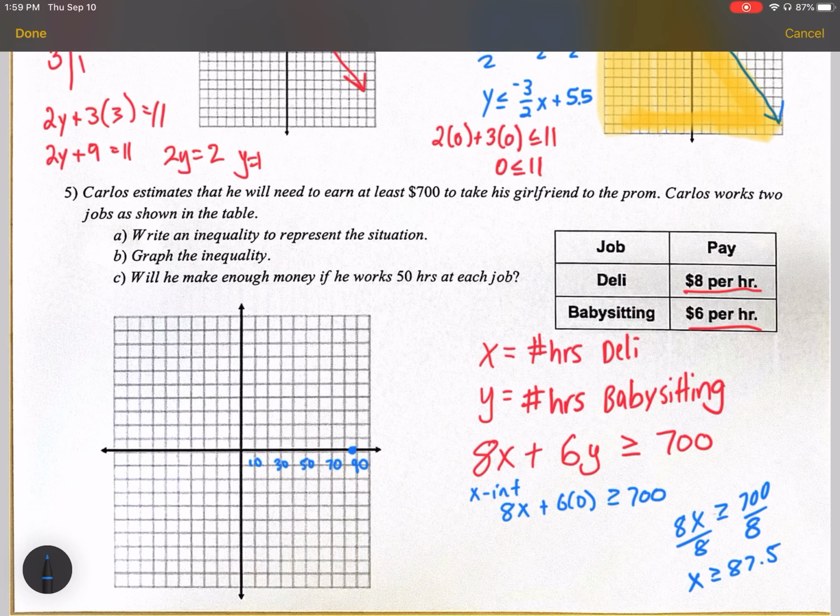Then for our y-intercept, we'll have 8 times 0 plus 6y greater than or equal to 700. So now we'll have 6y greater than or equal to 700. So y is greater than or equal to 700 divided by 6. So that's going to be about 116.7.